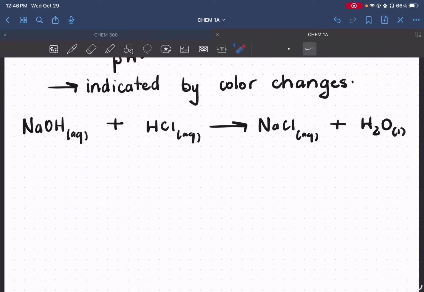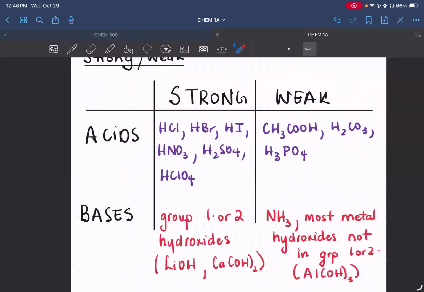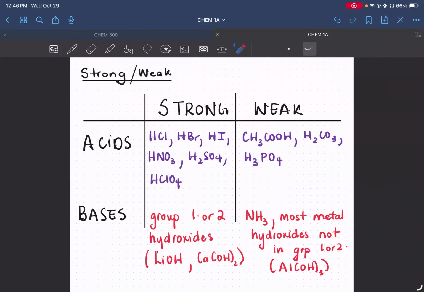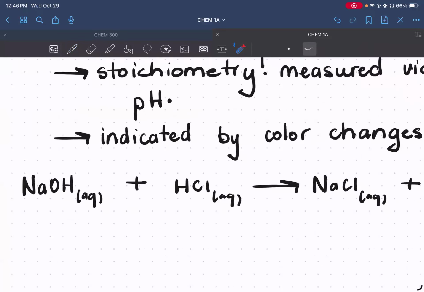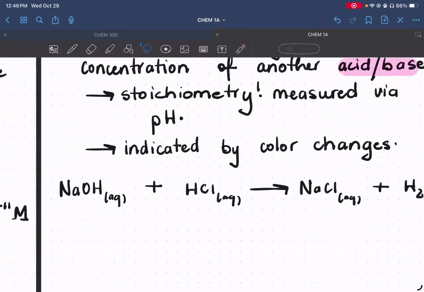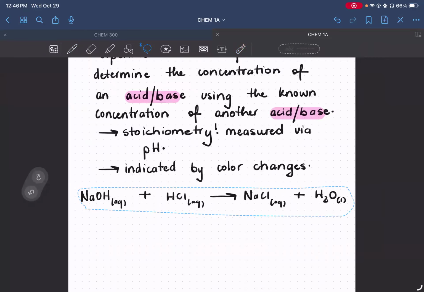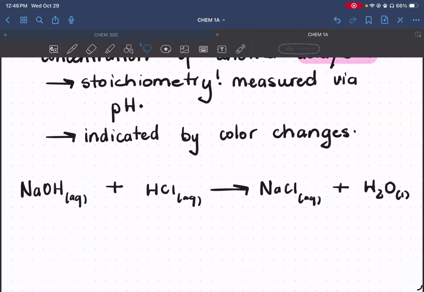You should be able to identify, based on the chart we just went over, between the reactants, which one is an acid, which one is a base. HCl, of course, is our acid, and NaOH is our base. Right now, we're not too concerned whether they're strong or weak. We just know that one is an acid, one is a base.